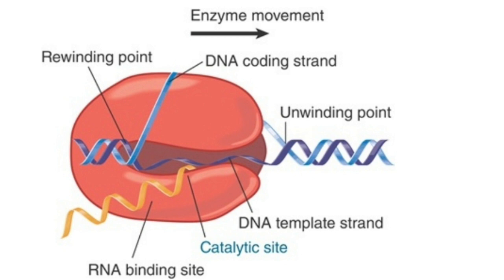The active center of the RNA polymerase enzyme should have a channel for the entry of DNA, a channel for the exit of RNA, a channel for the entry of ribonucleotides, a channel for the exit of the template strand, and a channel for the exit of the non-template strand.